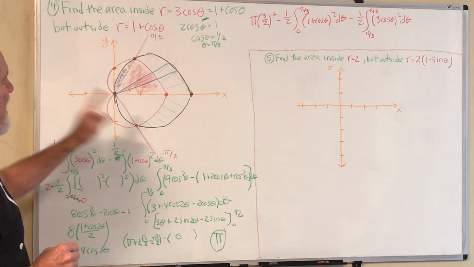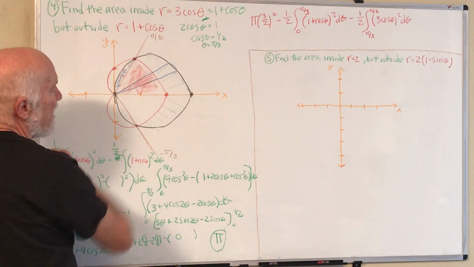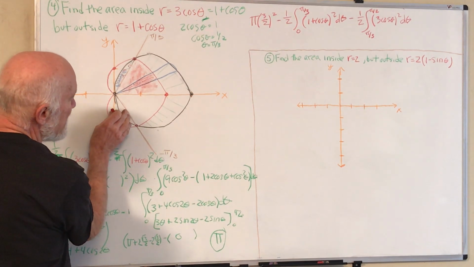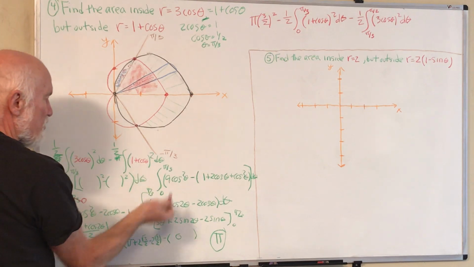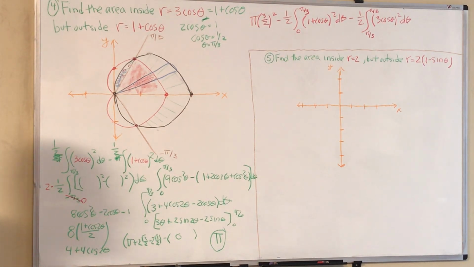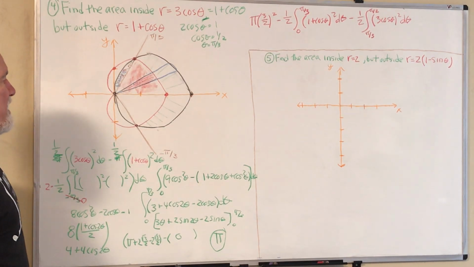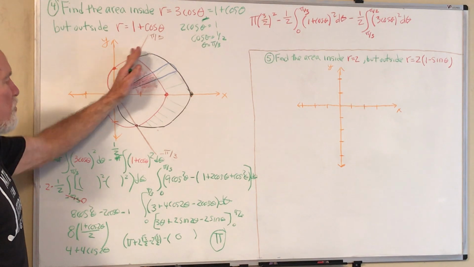One other thing before I leave this. I went from negative pi over 3 to pi over 3. That's important because when we're doing definite integrals, if we're going to use the fundamental theorem of calculus, we want to go from a lower number to a higher number and get all those angles in between.